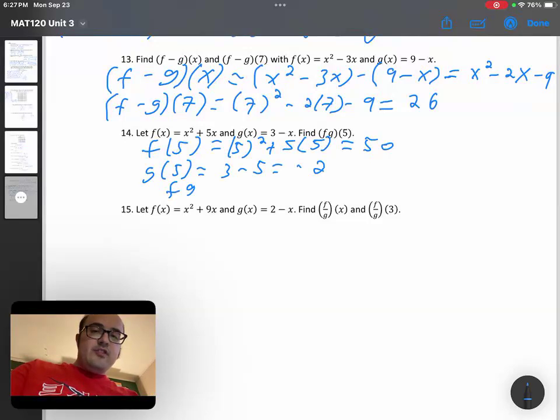So f times g of 5 would be 50 times negative 2, and that should give us a value of negative 100.